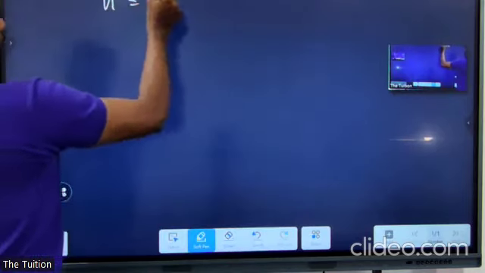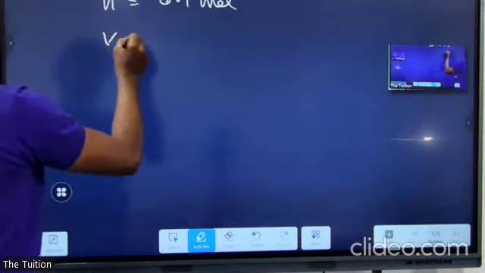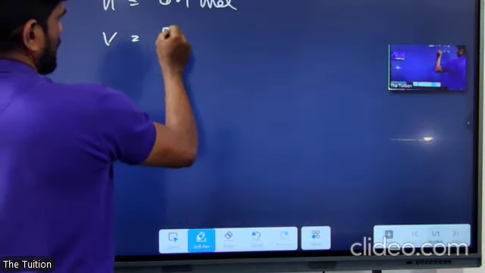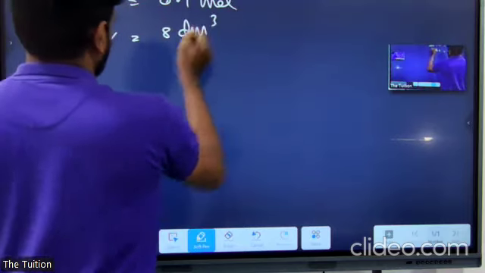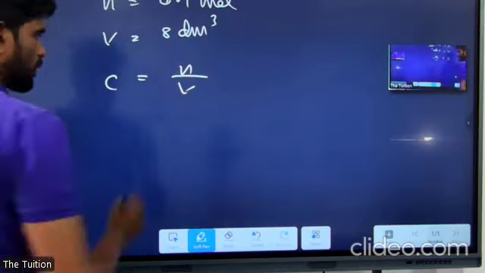N means 0.1 mole. V volume is 8 cubic decimeter. You can use C equal N over V, right?